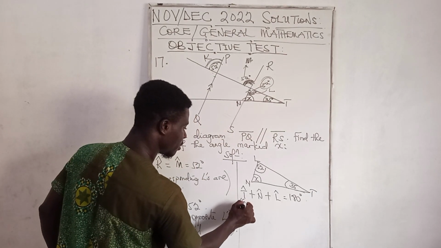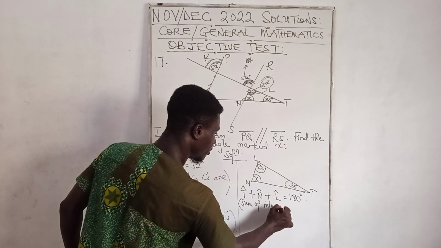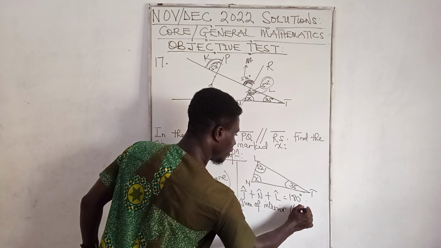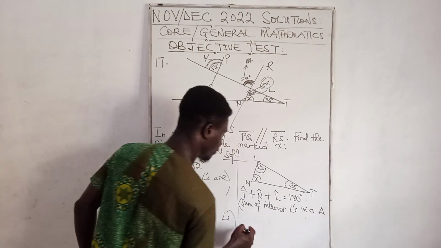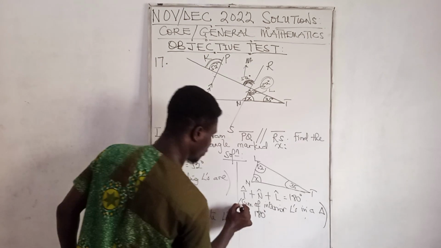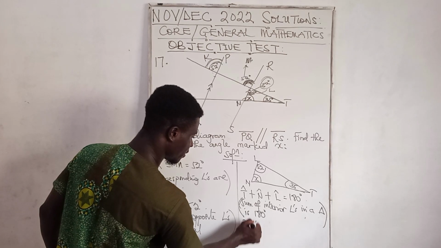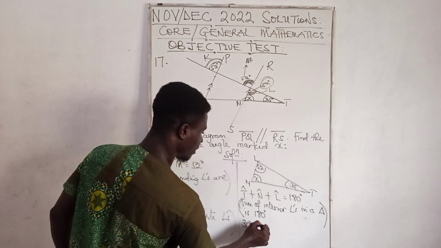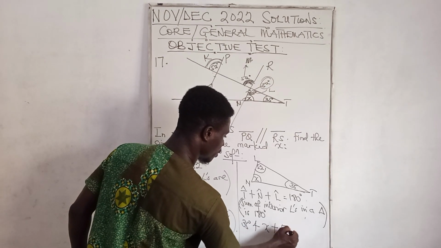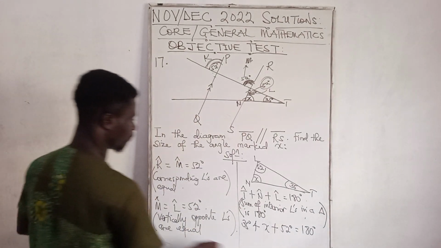Why? Because sum of interior angles in a triangle is 180 degrees. So I have this. So now angle T is 35 degrees plus angle N is X, then plus angle L 52 degrees, which must be equal to 180 degrees.